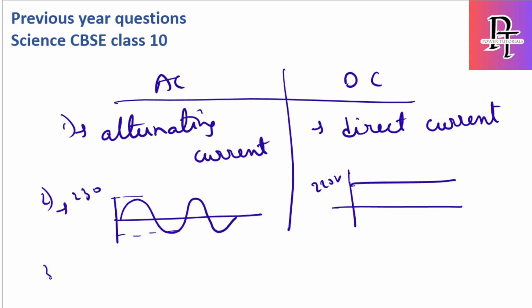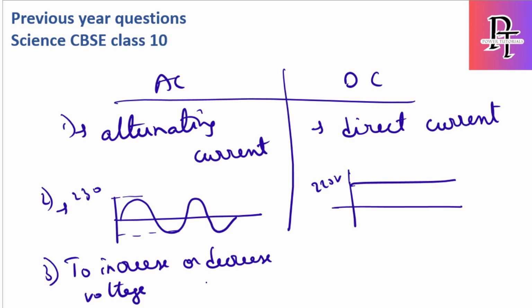Which is better and why? In India, AC is better. Why? Because to step up or step down, or to increase or decrease the voltage, we have an instrument called a transformer. A transformer only works for AC.